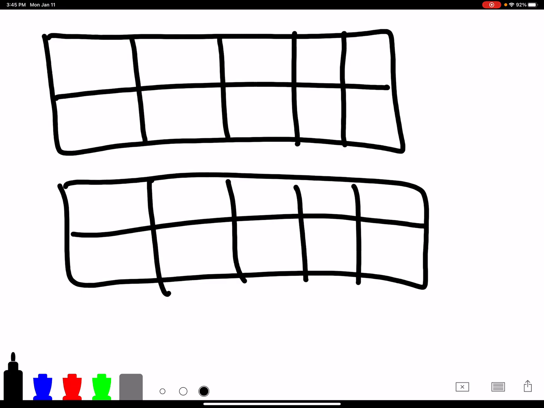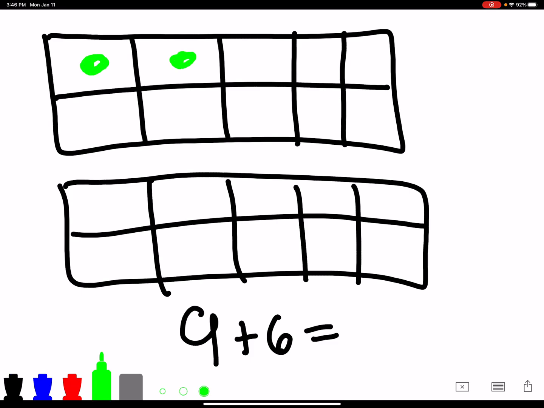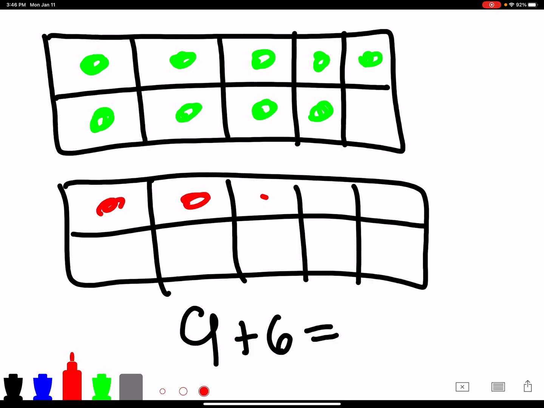So if I was to say we're doing 9 plus 6, how would you guys solve it? We could put 9 on the top. 1, 2, 3, 4, 5, 6, 7, 8, 9. And then we can add 6 on the bottom. 1, 2, 3, 4, 5, 6.